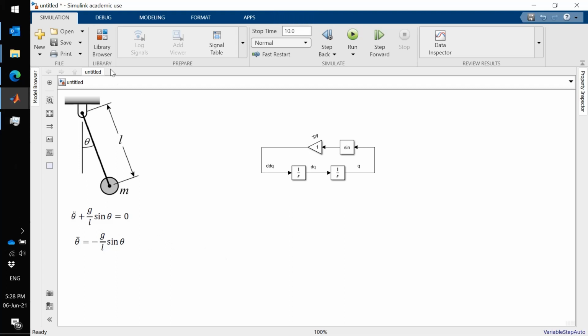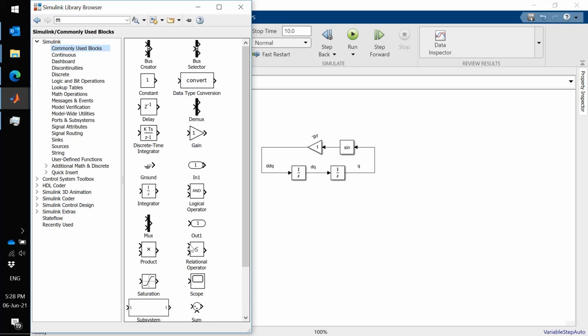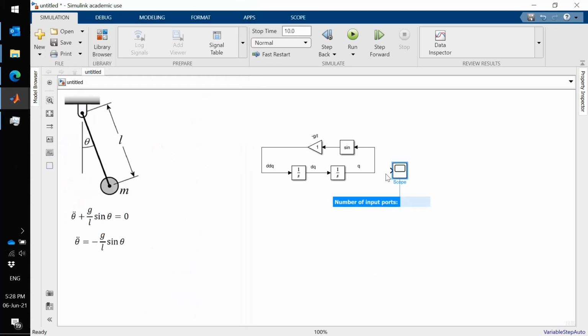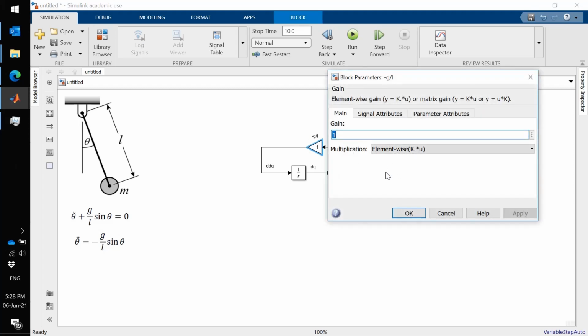I will add a scope to visualize the results. Now, let's assume that the length of the pendulum here is, say, 1 meter.